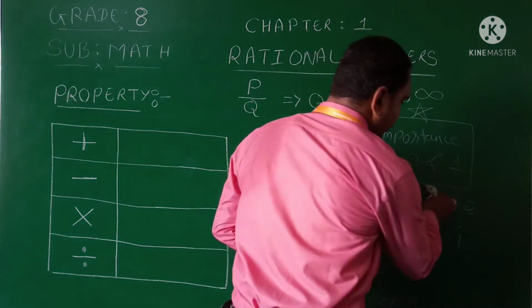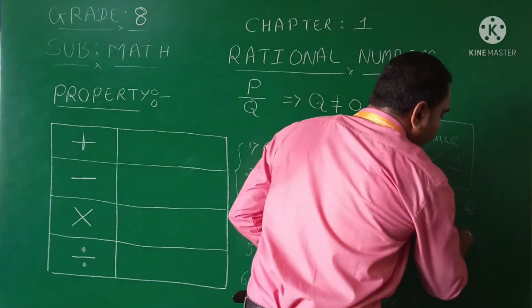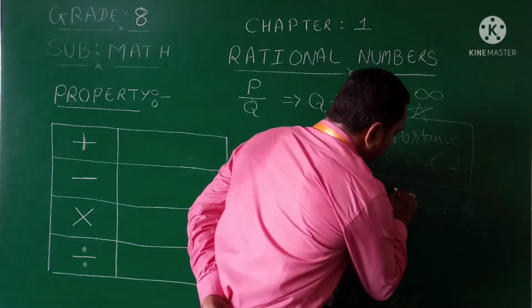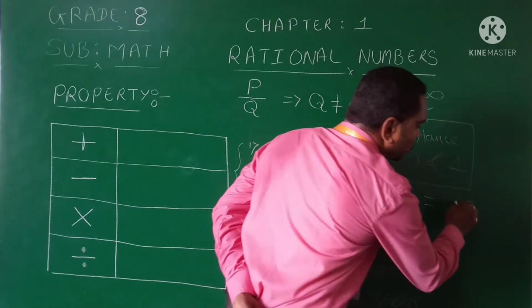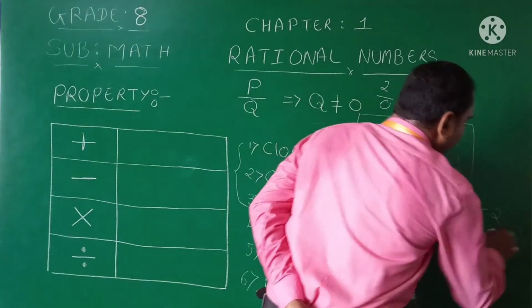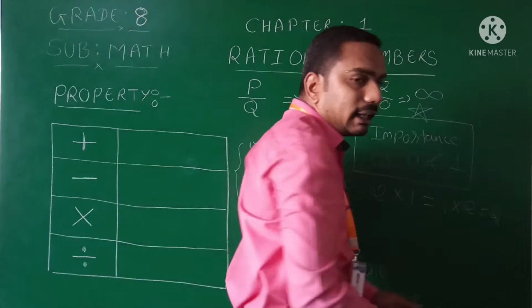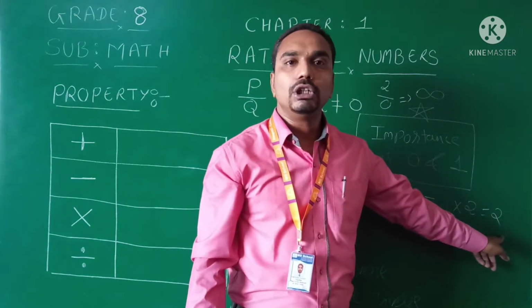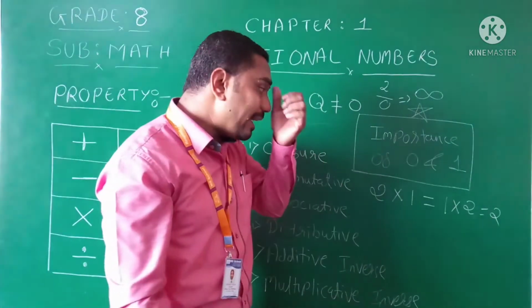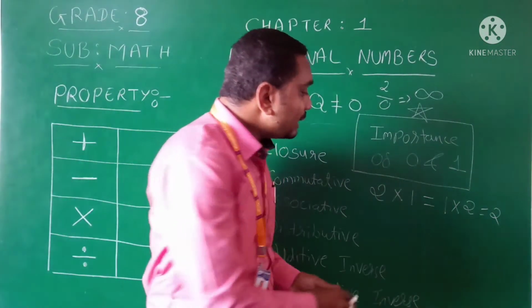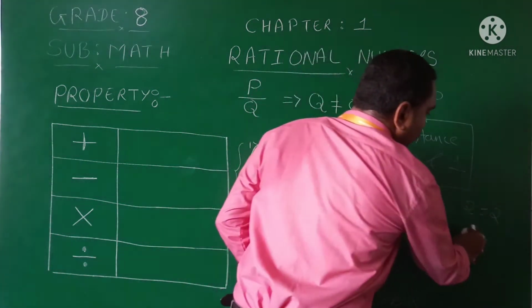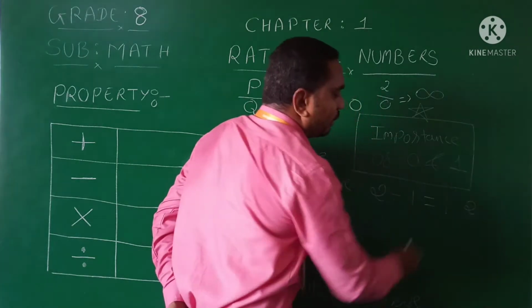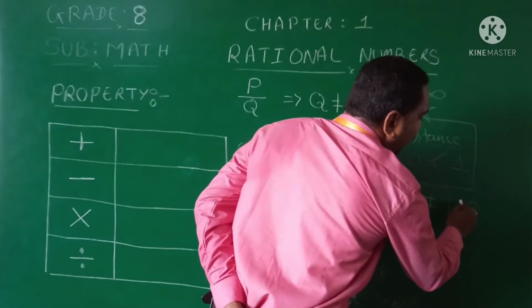Now let's take examples for multiplication and division. For multiplication, both are the same: 2 times 1, or 1 times 2, the answer will be the same, that is 2. And for division, the answer changes. 2 divided by 1 will not be equal to 1 divided by 2.